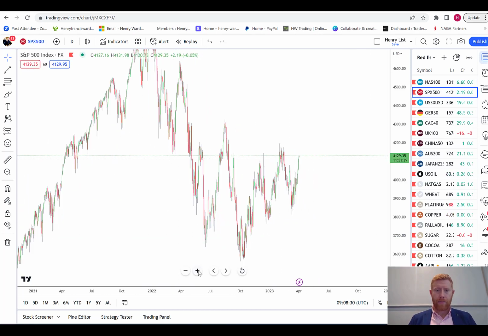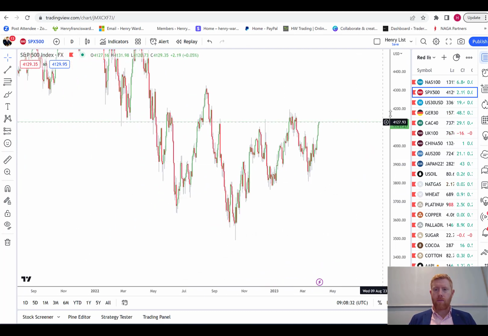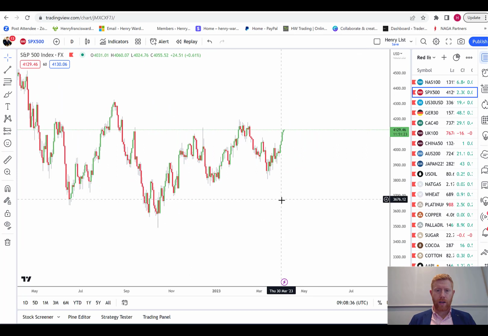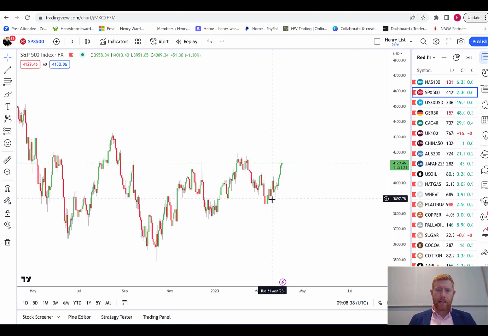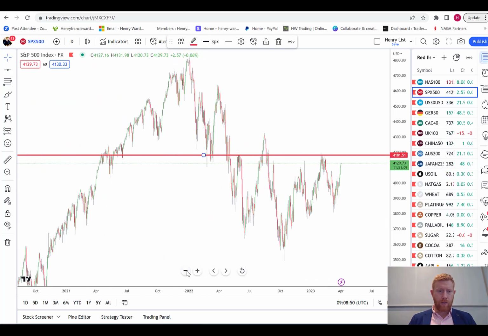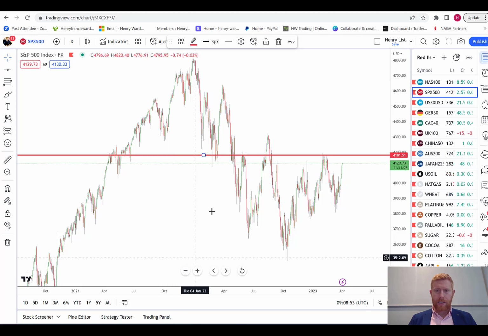If we look at the S&P here now, we've had a really nice run at this present moment. It's had a really nice jump up here, and it's getting close to that level up here. So we get a horizontal and stick it in right there. Let me have a quick zoom out and see what it looks like. Now we're in a decent enough area.